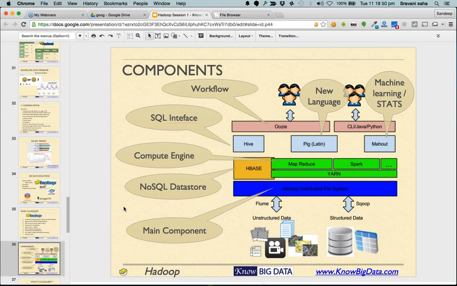Also, if you are trying to build recommendations based on some data, once recommendations are done, you can pull those recommendations from Hadoop into a database using Sqoop. So these are the things being done by various components.